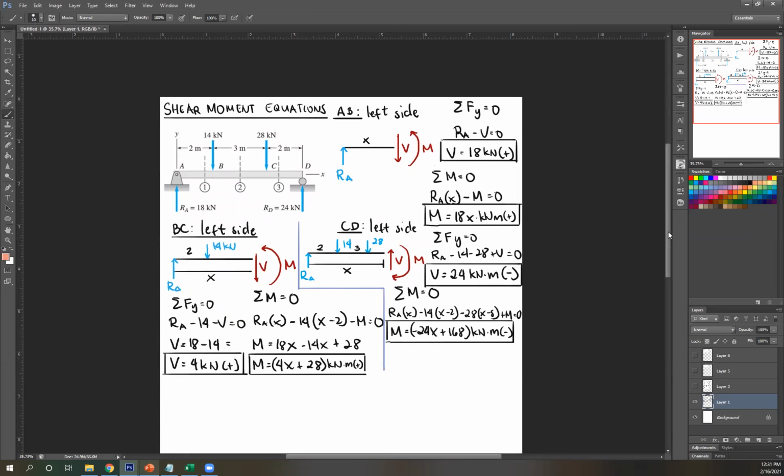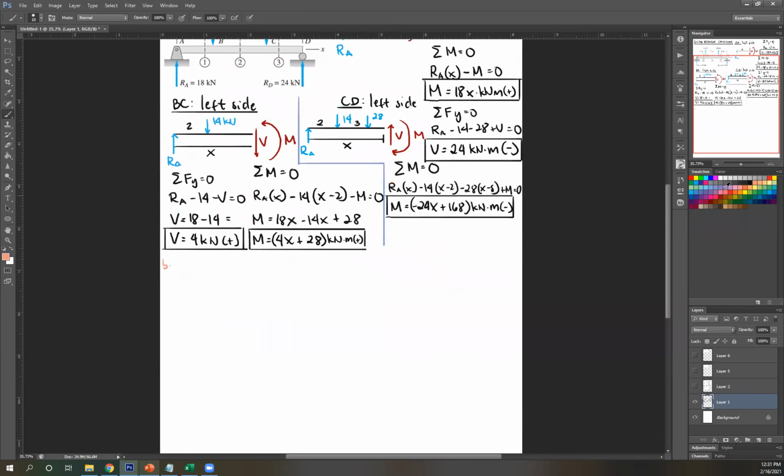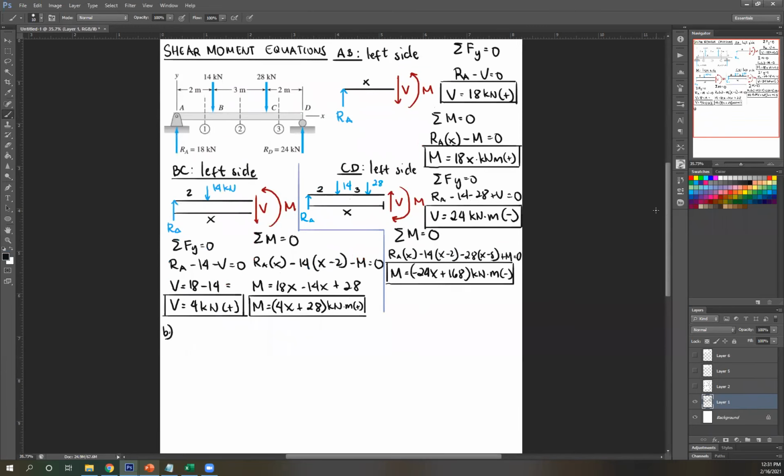Part B. So to draw shear and moment diagram. So let me just recreate that. So you have your, this is 18, this is 14, this is 28, and then this is 24.